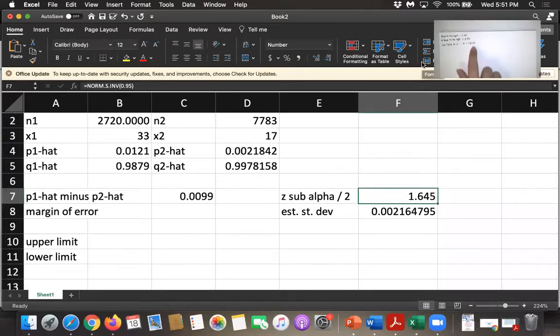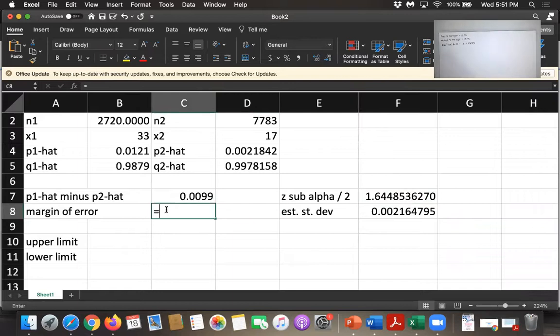So we have got the same value using Excel that we got using table A2, just the value in Excel is a little bit more accurate. We can round out to many decimal places. I'm not sure where the accuracy ends, but it's going to be more accurate than what we can get using table A2. Okay, so our margin of error is this z-score times that estimated standard deviation.